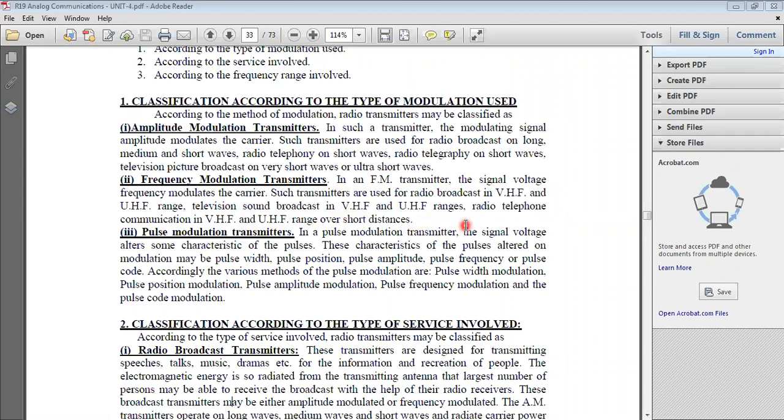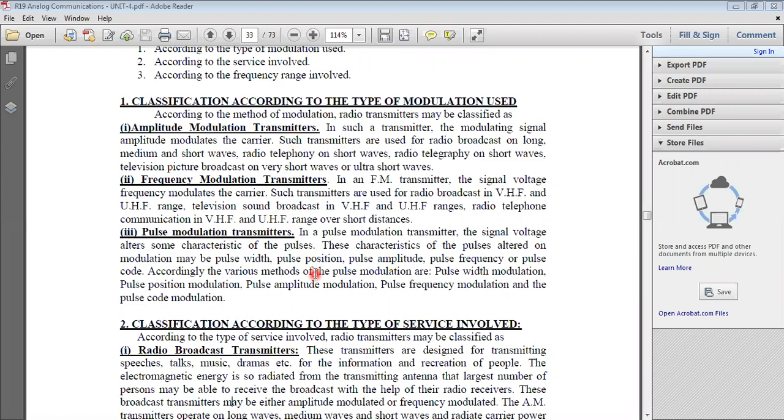Similarly, it is also used in radio telephone communication in VHF and UHF. Here remember one point: for long, medium and short wave ranges, we use AM transmitters, whether telephony, telegraphy, or TV broadcasting. But in the range of VHF and UHF, whether telephony, telegraphy, or TV transmission, we use FM transmitters.